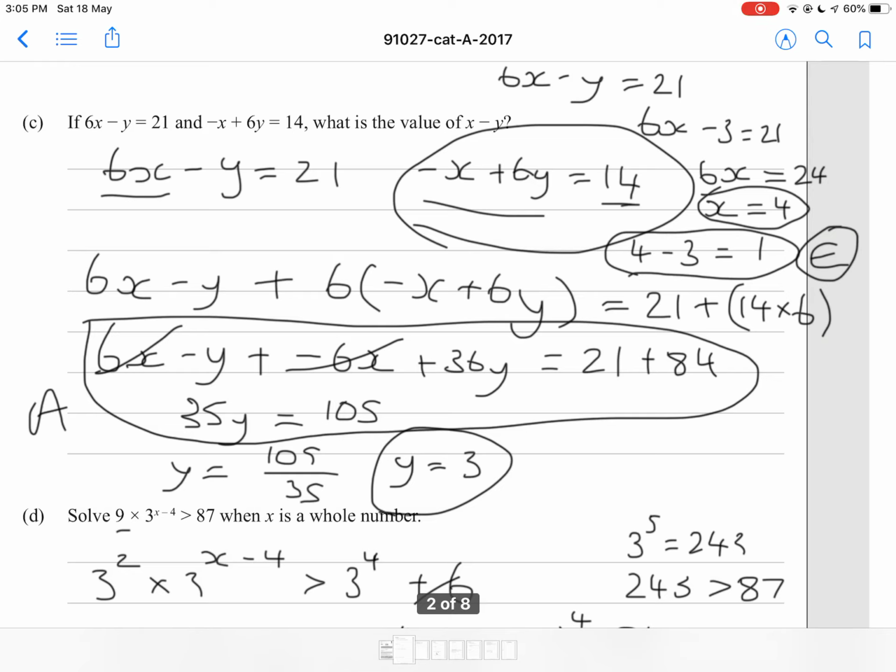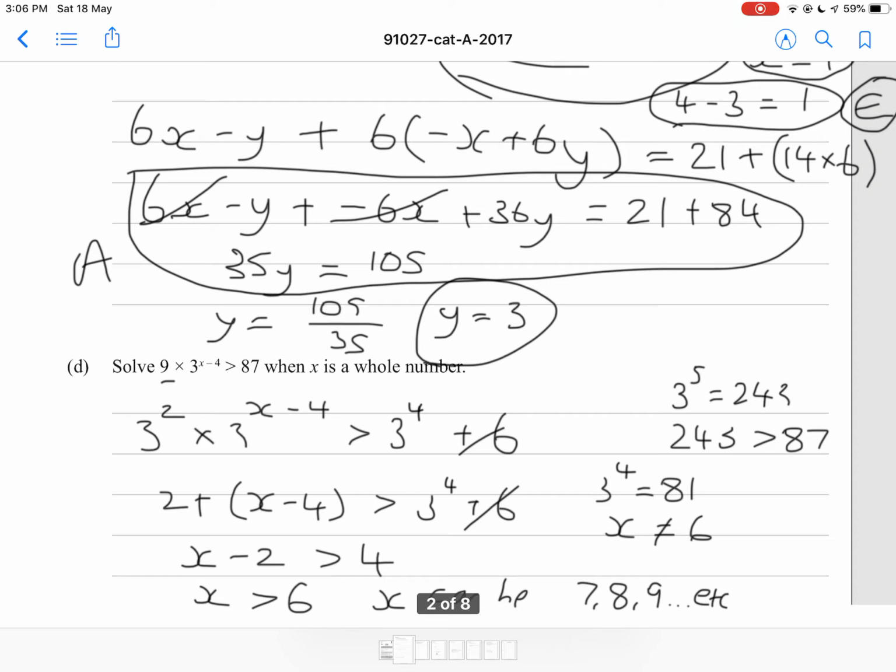If 3 to the power of 4 is 81, and 81 is smaller than 87, then 3 to the power of 4 doesn't work, but 3 to the power of 5 is 243, and 243 is a lot bigger than 87, so basically we can just say the plus 6 is irrelevant, because 3 to the power of 5 is way bigger than 87 anyway, okay? So that's why we can just ignore the plus 6, and that's only because x is a whole number.